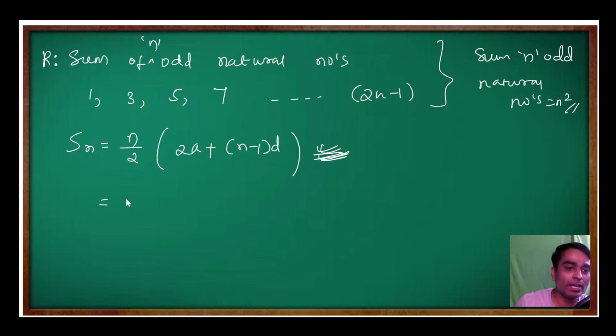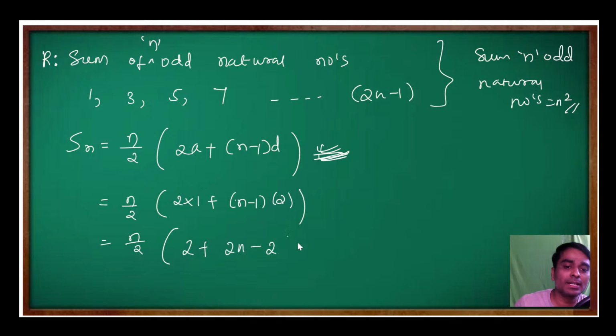Just substitute these values. n by 2, 2 into 1 plus n minus 1 into d. What is d? 2 here. So n by 2, I will multiply 2 inside, minus 2 plus 2 will go, n by 2 into 2n, the 2s will go, n into n is n square.